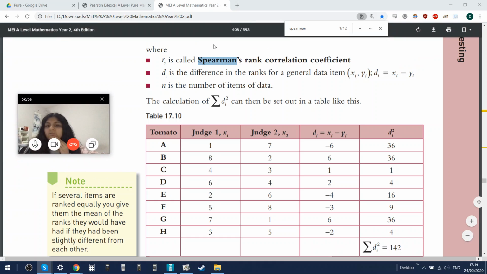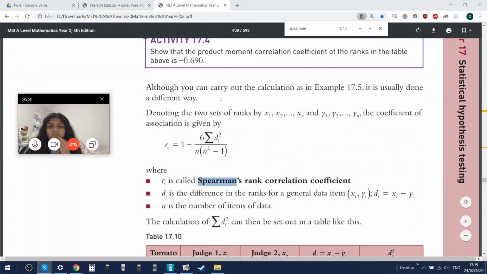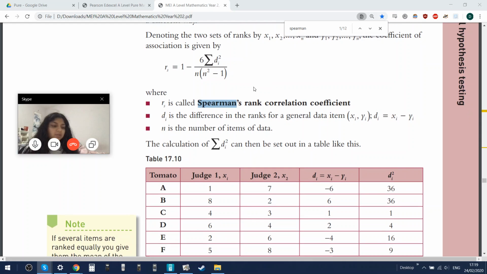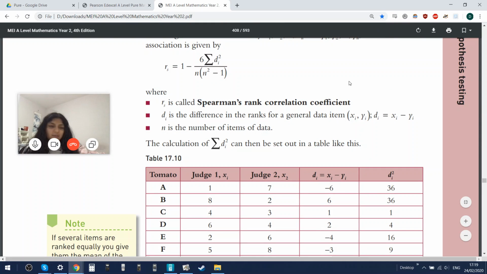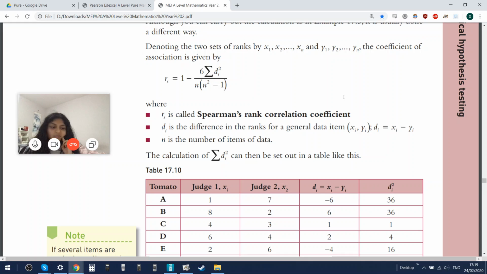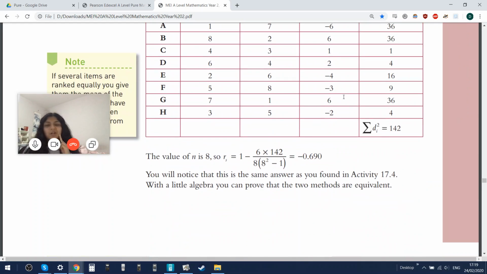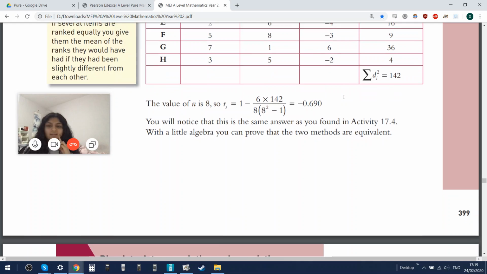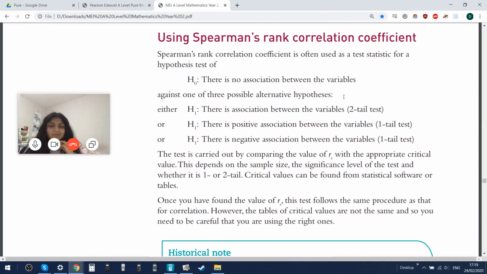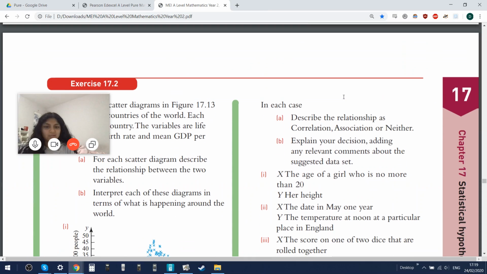And yeah, so you have this formula. Because in the formula booklet, you have different tables for PMCC and Spearman's rank. So I think they're two different things. Ah, okay. So this one. But apparently we don't need to know how to calculate Spearman's rank. You'll always be given the coefficient apparently. Okay. But I know how to do it because you have to do it in biology. Aha.